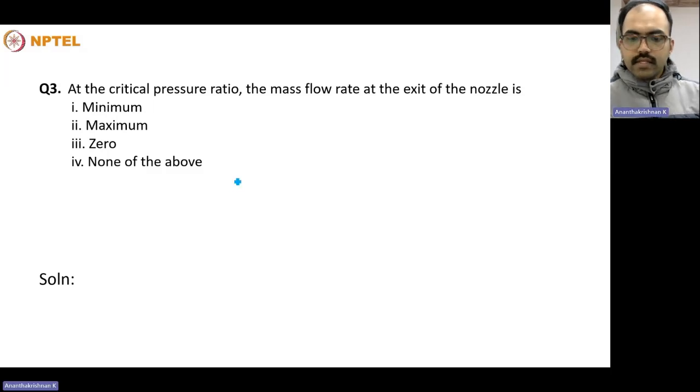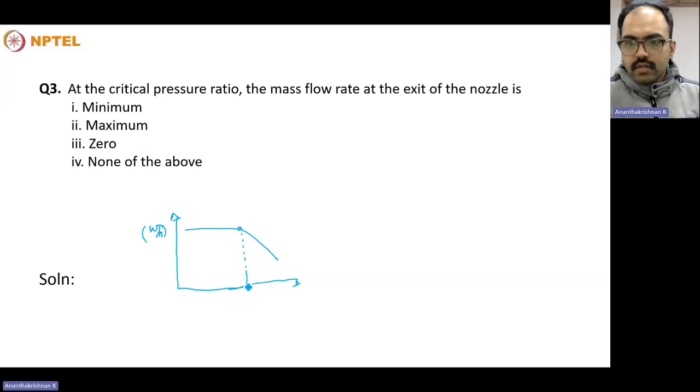So the question is, at the critical pressure ratio, the mass flow rate at the exit of the nozzle is minimum, maximum, or zero. If we try to plot the mass flow rate against the pressure ratio, it will have this kind of a trend.